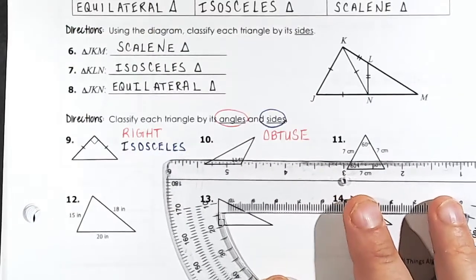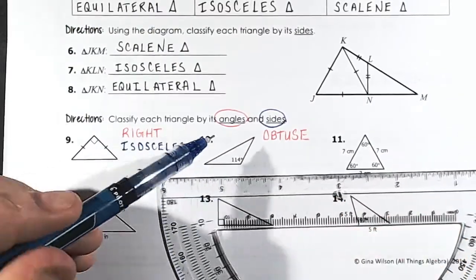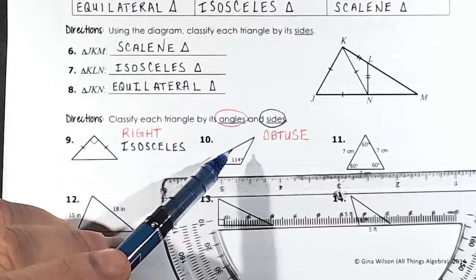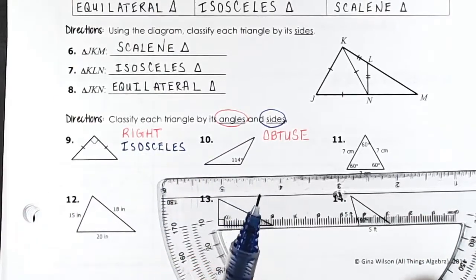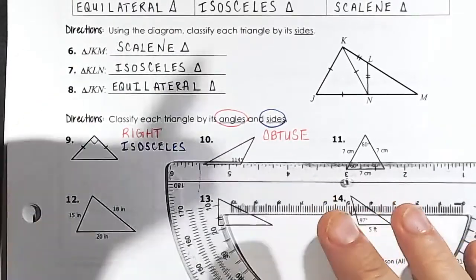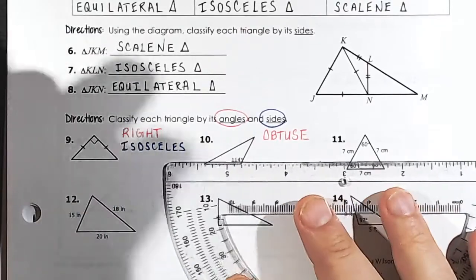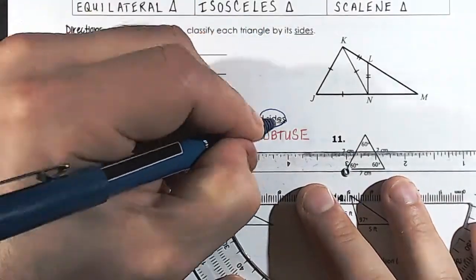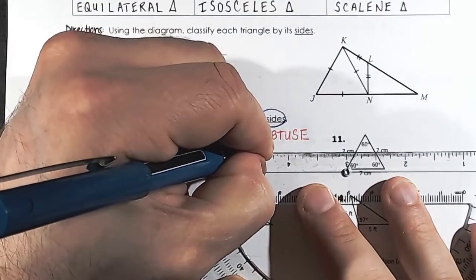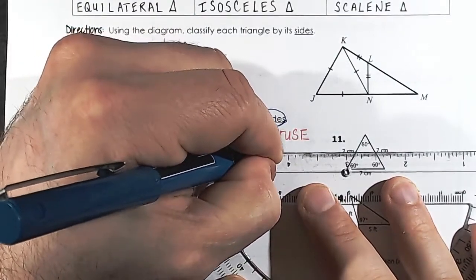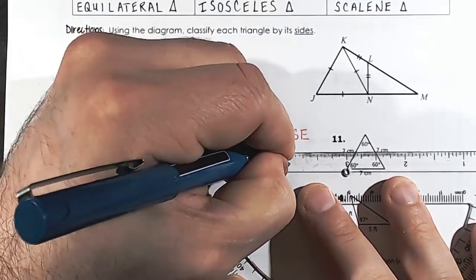And from the perspective of looking at the sides, we're not given any information about the length of the sides. So we have to assume that none of them are of equal length. So that is called scalene. So this is an obtuse scalene triangle.